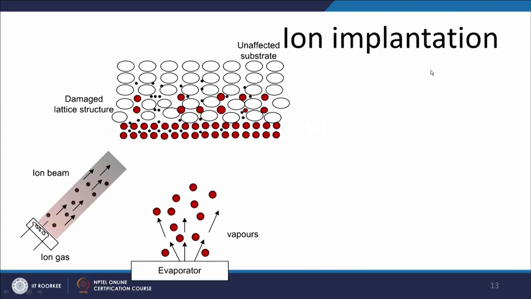This is the ion implantation method, as I have explained. This is the substrate material and the atomic arrangement in it, and the material to be incorporated at the surface is evaporated, and these metal vapors get deposited over the surface.